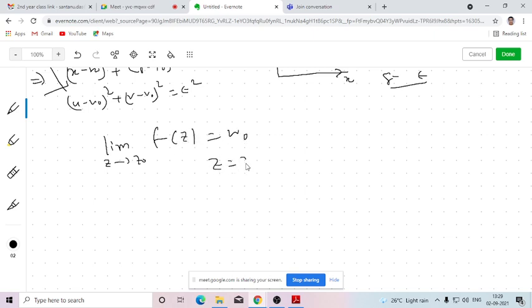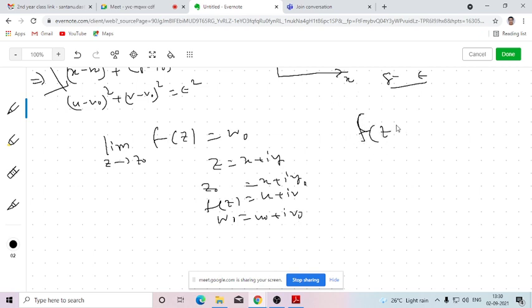Here z is x plus iy, z0 is x0 plus iy0, f(z) equals u plus iv, and w0 equals u0 plus iv0. Now let's take a function of a complex variable, say z square. If you put z equals x plus iy here and segregate it into real and imaginary parts, you will get this.